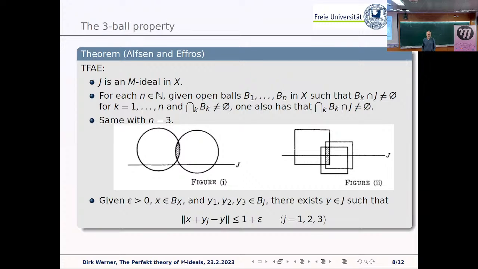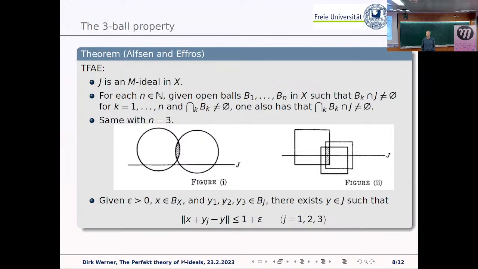But the situation is quite similar. The spaces of weighted holomorphic functions fulfill this little o condition and this big O condition somehow.